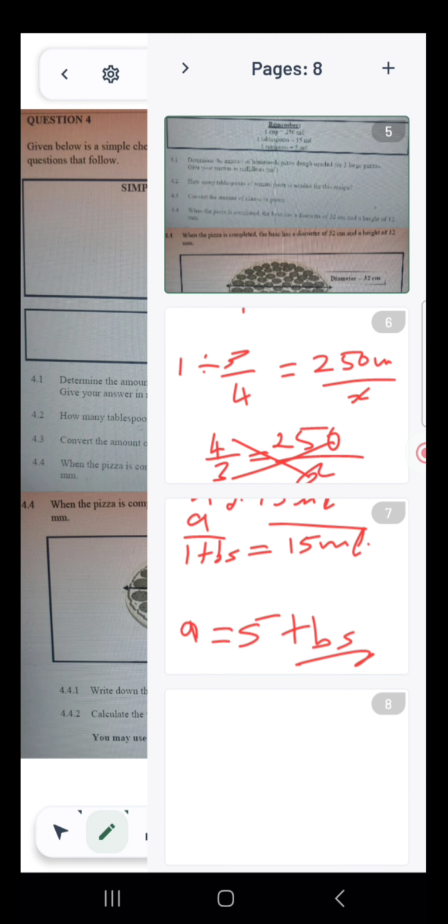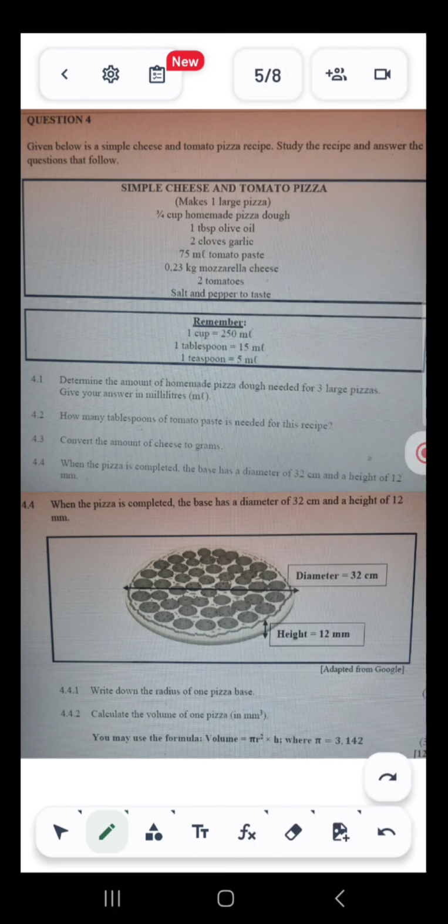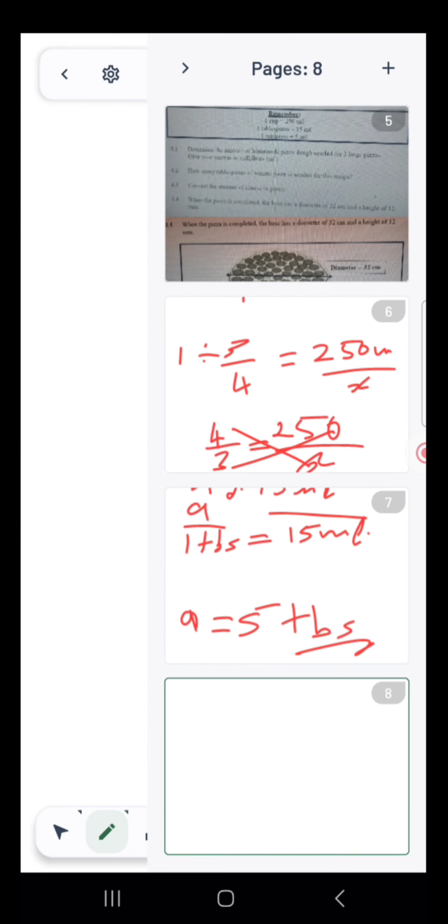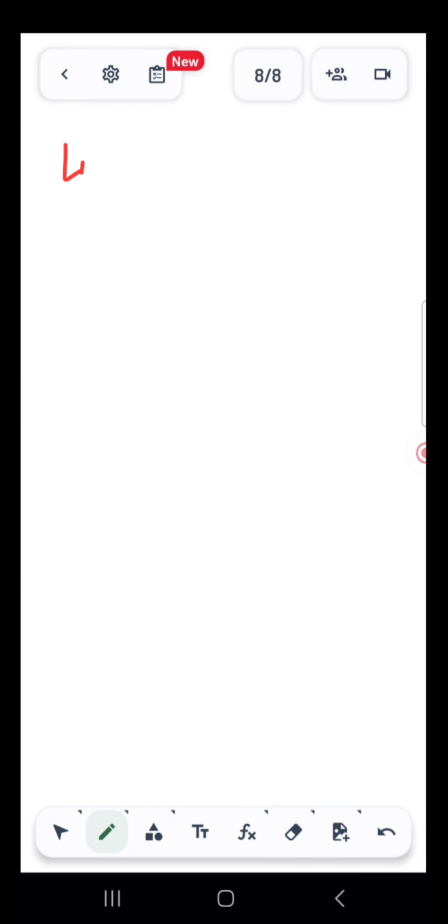The next question says, when the pizza is completed, the base has a diameter of 32 centimeters and a height of 12 millimeters. Okay. So first thing is ibona ngathi iphuma endleleni, right? Kulo 4.4.1.